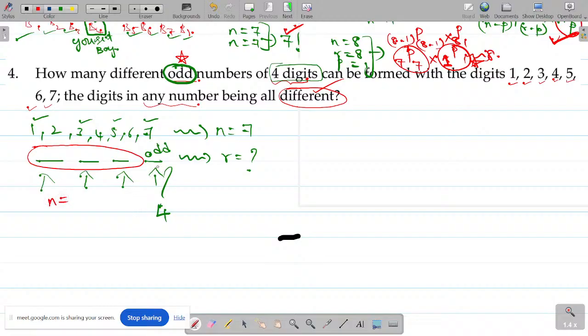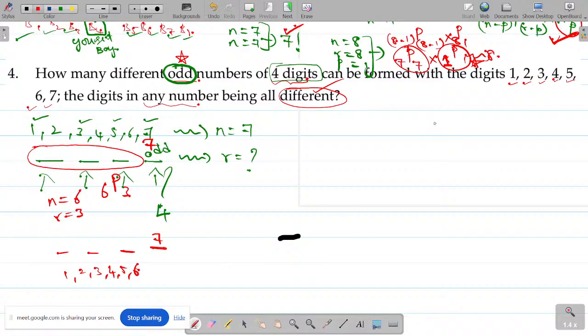For example, if you fill this last place with 7, the other 3 places can be filled with 1, 2, 3, 4, 5, and 6. So what is n? 6. What is r? 3. Thank you. So in how many ways can you do this? 6P3 ways. Is it okay?